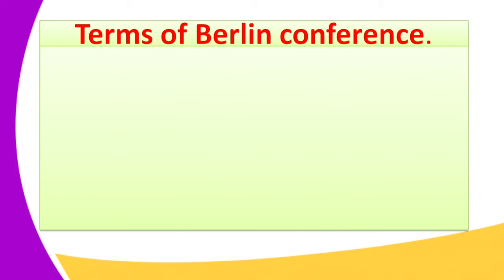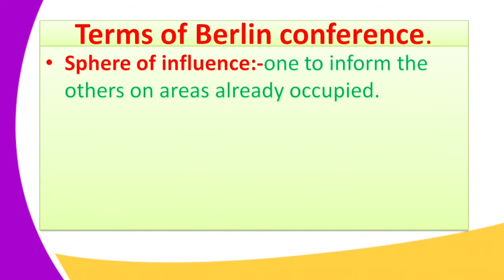The terms of the Berlin Conference are: 1. The sphere of influence. This stated that one was supposed to inform the others of the areas already occupied.